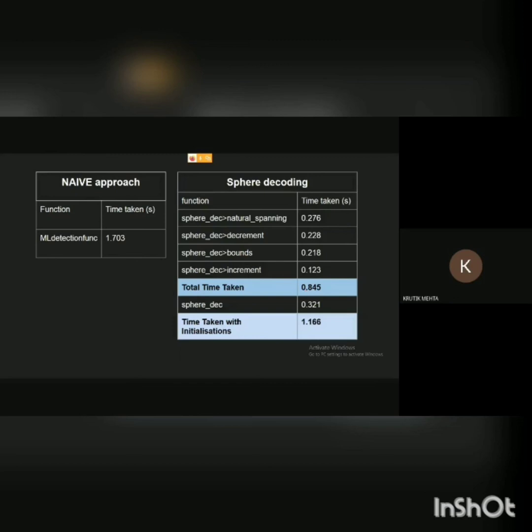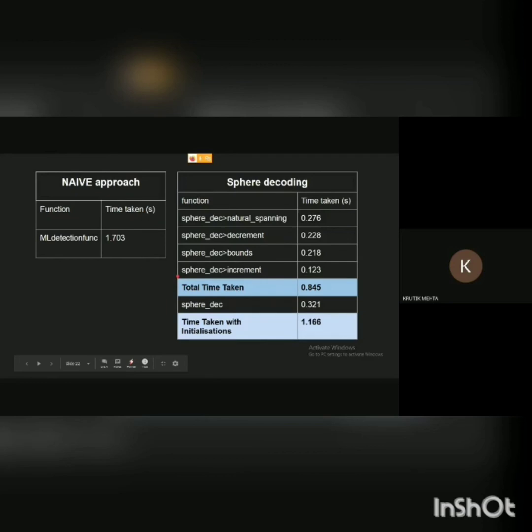But we also need to add the time taken by the initialization processes in the sphere decoder, which is around 0.31 seconds, which adds up to a total time of 1.166 seconds. But this total time is also less than the first approach.